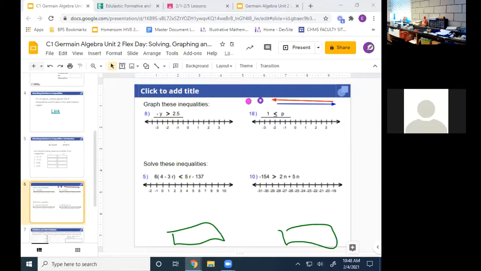Yes, very good. What kind of dot are we using here? An open dot. Why do you say open? Because the symbol does not have the line under it. Very good job, Kyle.